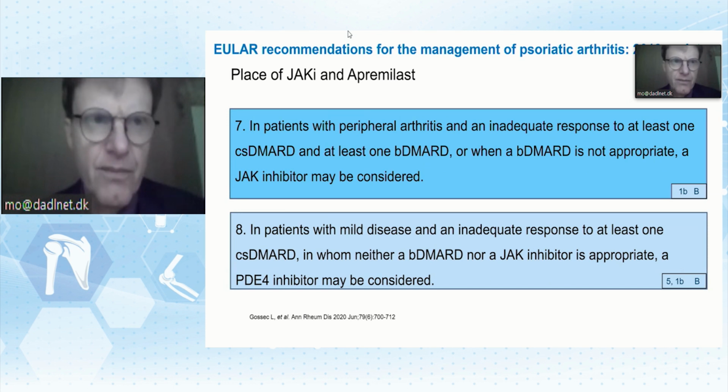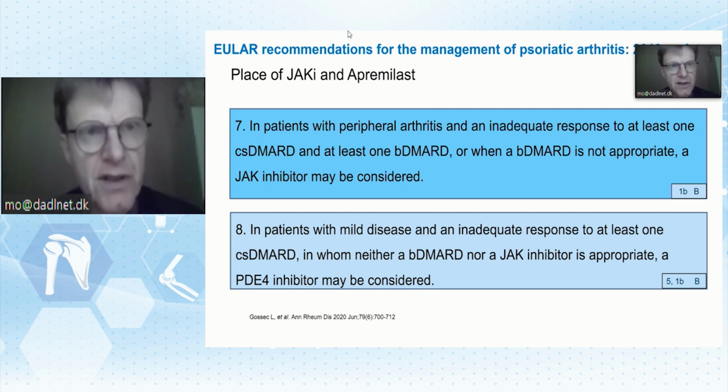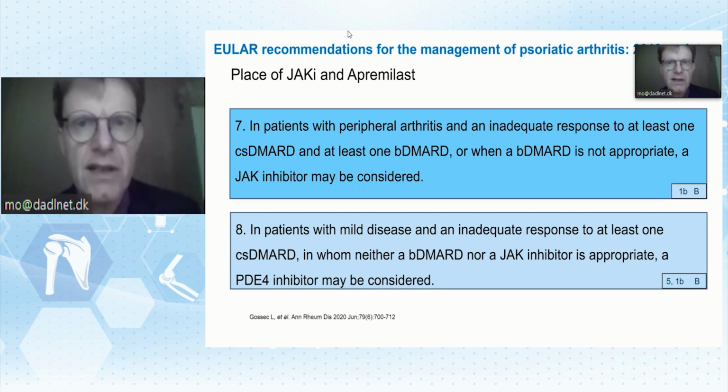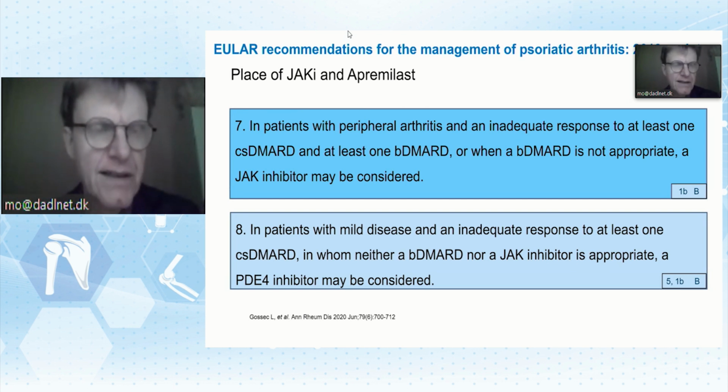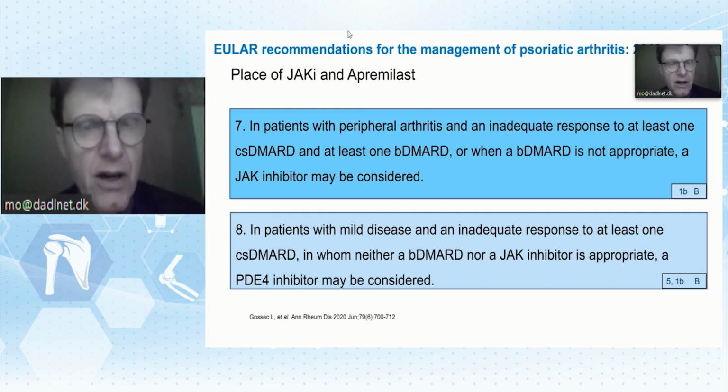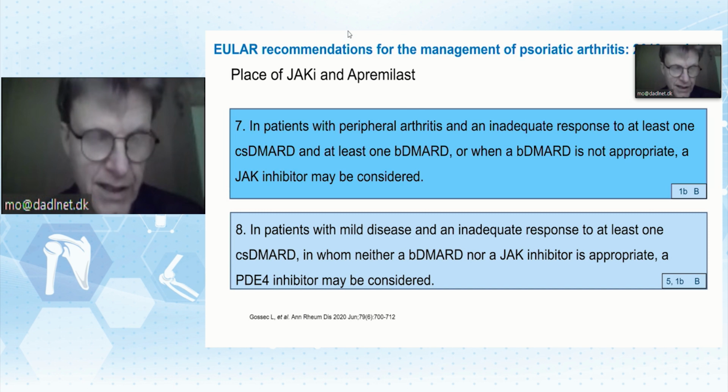What then if this does not work? What is the role of other therapies, such as JAK inhibitors and apremilast? What it is said here is that JAK inhibitors may have a role and could be considered in case patients have received at least one DMARD and have failed that, or if it's not appropriate, then it's reasonable to use them, also because there is data that have documented that JAK inhibitors of different kinds are effective.